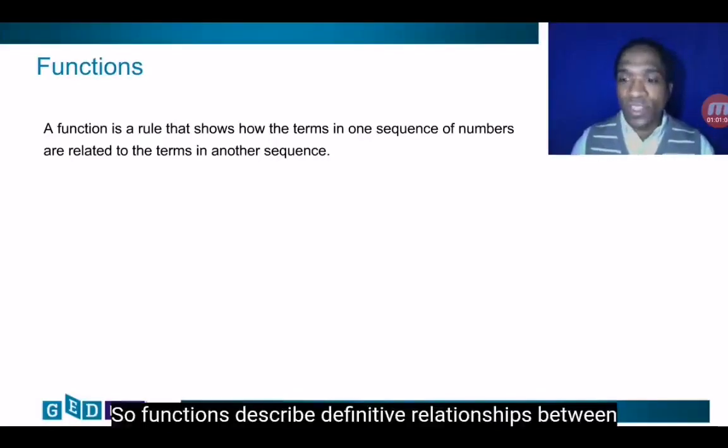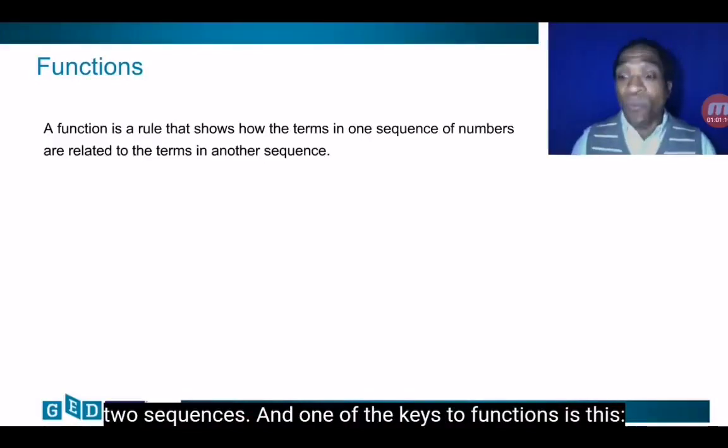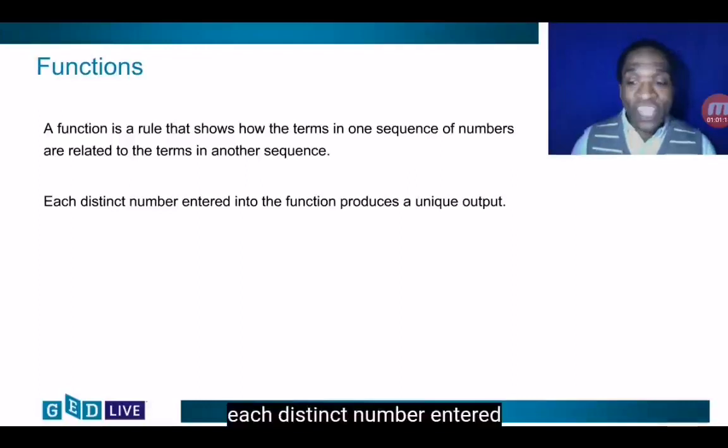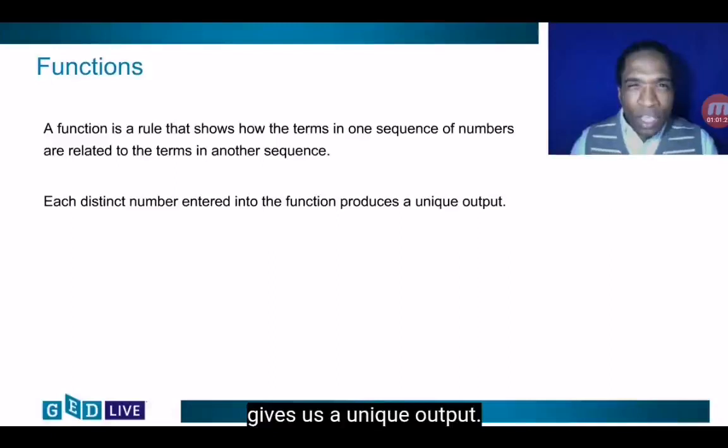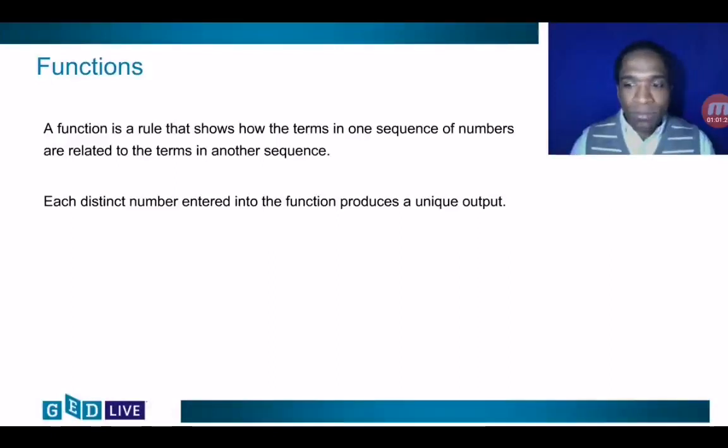So functions describe definitive relationships between two sequences. And one of the keys to functions is this. Each distinct number entered produces a unique output. So each unique input gives us a unique output.